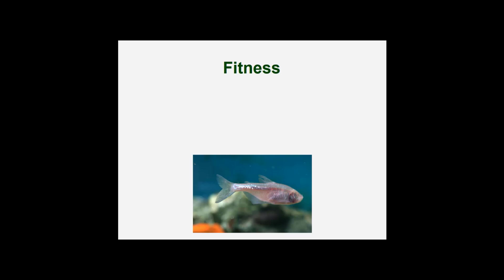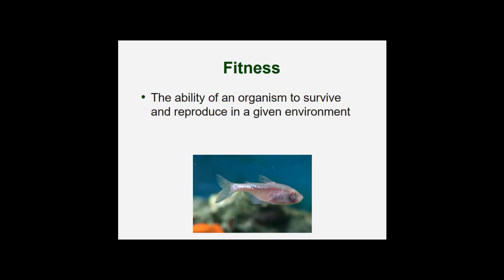So as we're starting to wrap things up here, one of the other terms that you'll come across in class is this idea of fitness. And when we think about fitness, in terms of evolution, or in terms of biology, this is the ability of an organism to survive and reproduce in a given environment.